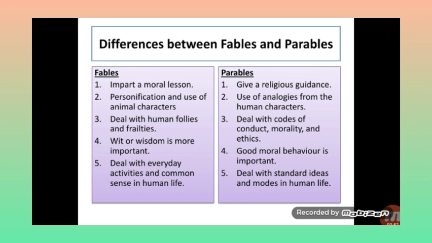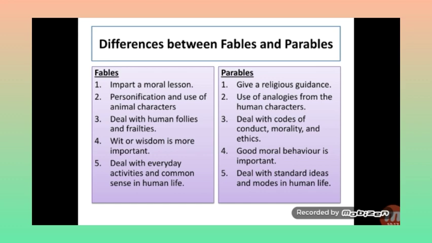Number 3, fables deal with human follies and frailties, whereas parables deal with codes of conduct, morality, and ethics. Number 4, wit or wisdom is more important in fables, whereas good moral behavior is important in parables.